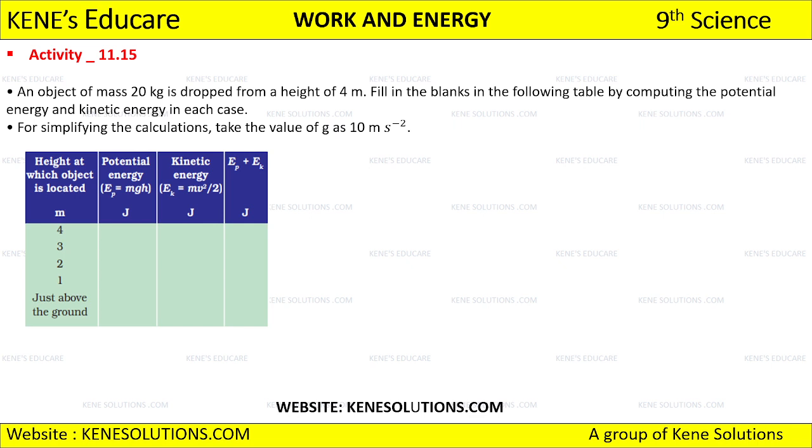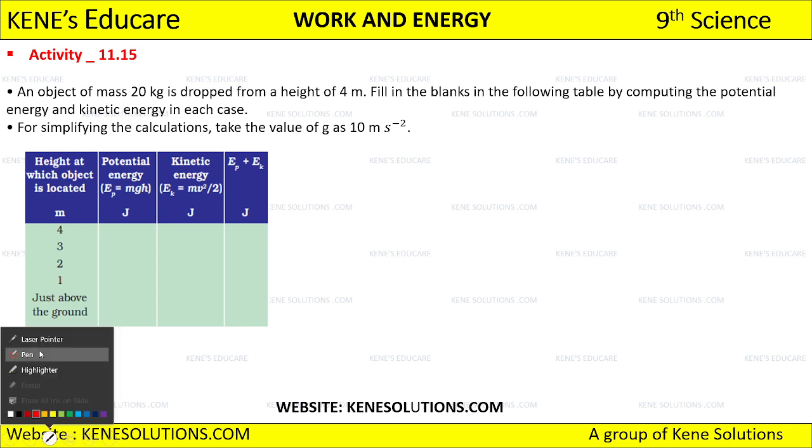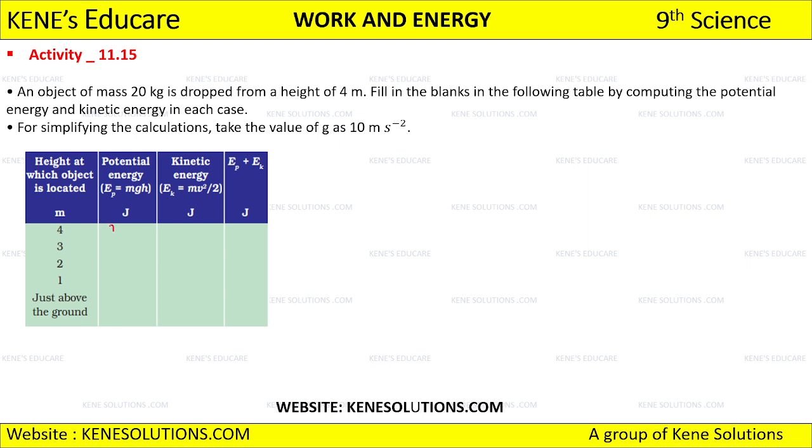So 20 into 10 into 4, when you do that, you get the answer as 800 joule. What answer do you get? 800 joule, right? And when you calculate kinetic energy for the same using the formula half mv square, it becomes half into 20. Mass is 20, right?